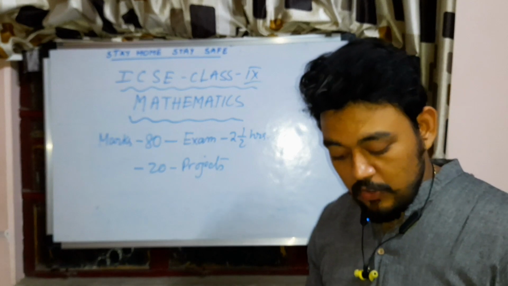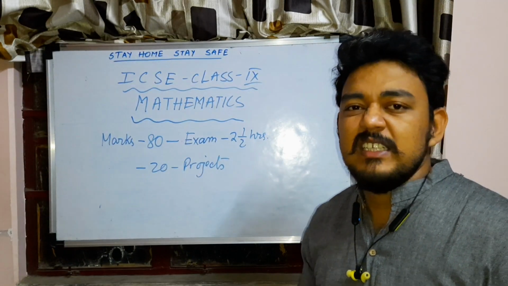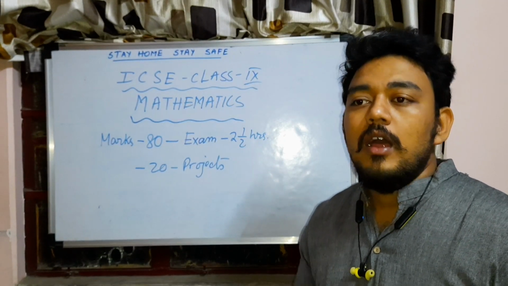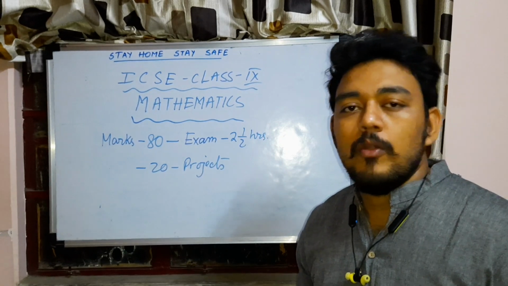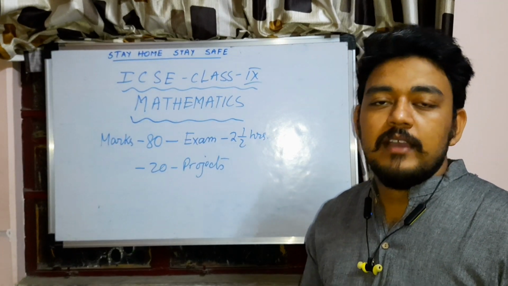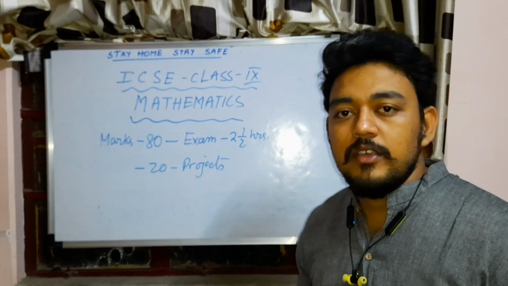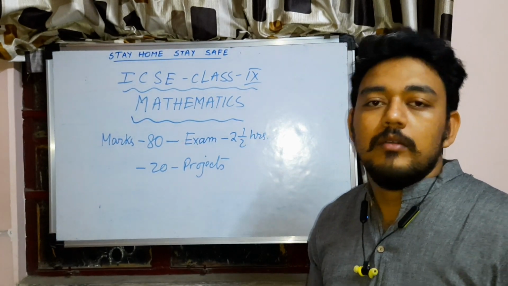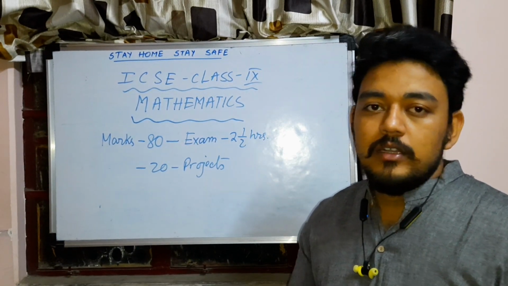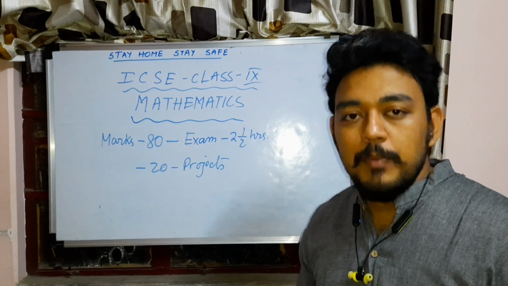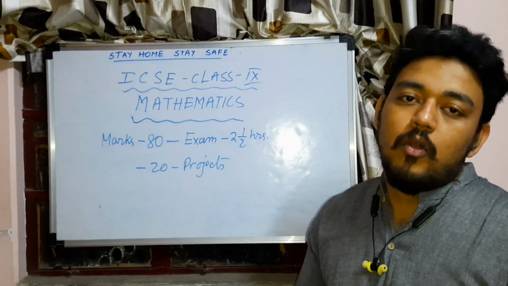Next is compound interest. You already know about interest, you have heard from your parents that the bank or other places give interest. Here in this chapter you will first learn simple interest and then compound interest.